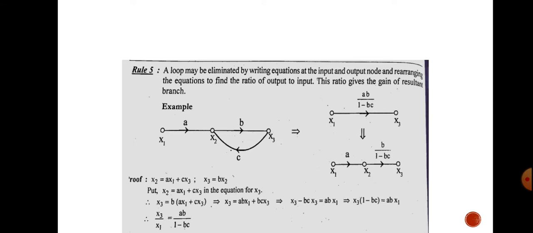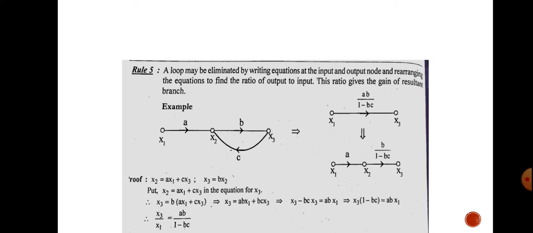Its proof is also given. In the proof, x2 will be equal to A x1 plus C x3, right? At x2, A x1 is coming and C x3 is also coming, and we know that x3 equals B x2.